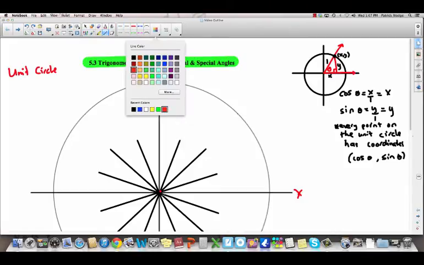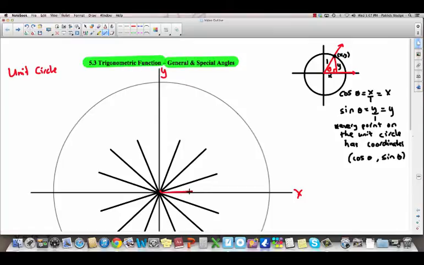Don't draw this on your beautiful circle here. If we had a standard position angle, I don't know, let's go way up here this time. If we were looking at this point right here, this point has a certain x value and y value associated with it, right? To get the x value is how far you had to move over here, that amount right there.